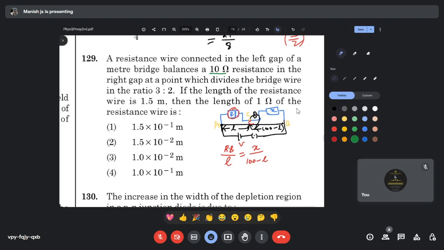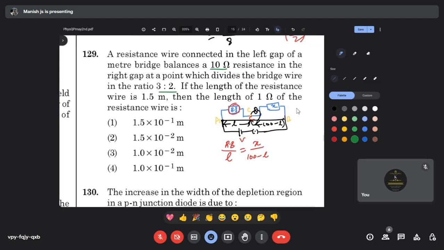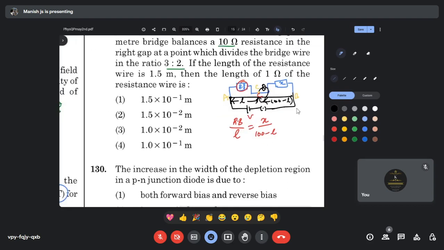Yeah, so that is what is specified. And they are telling the ratio also, the balancing point ratio is also given. So you can simply say R upon X is equal to 3 by 2. That is the relation that we have as per the given question.